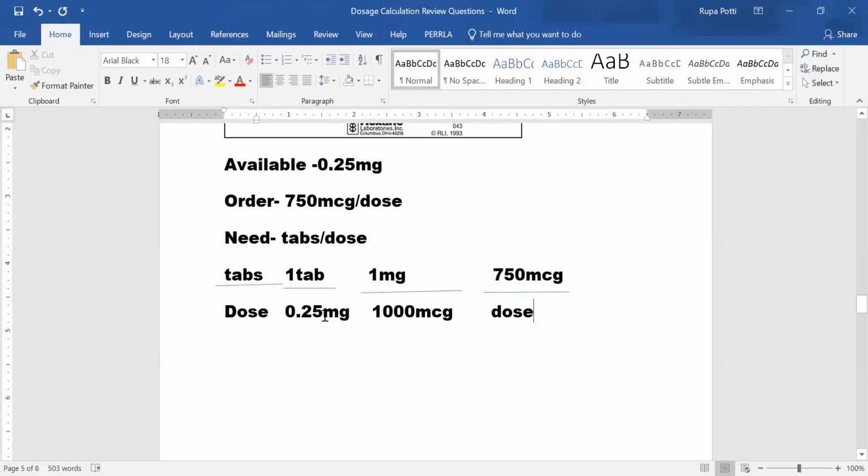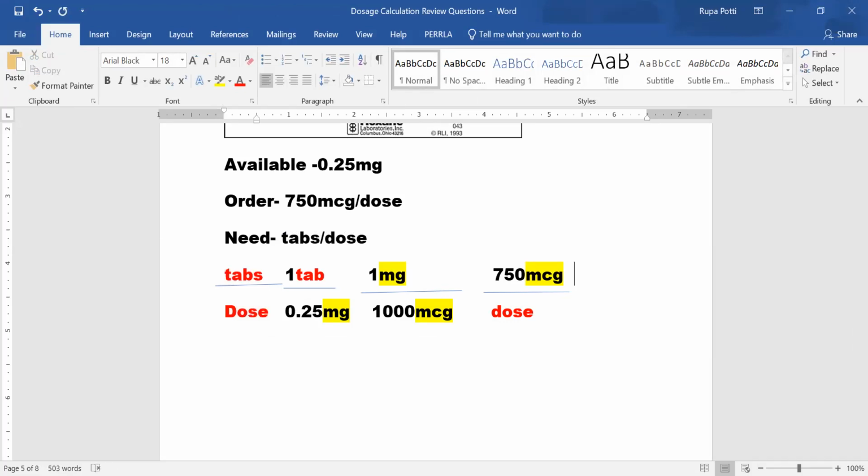So it is the same thing again. I cancel my units. I have milligrams in the denominator, milligrams in the numerator, micrograms in the denominator, micrograms in the numerator. And what is remaining for me is tabs per dose, and that is what I want. So now I know that even the way that I laid out my problem is correct.